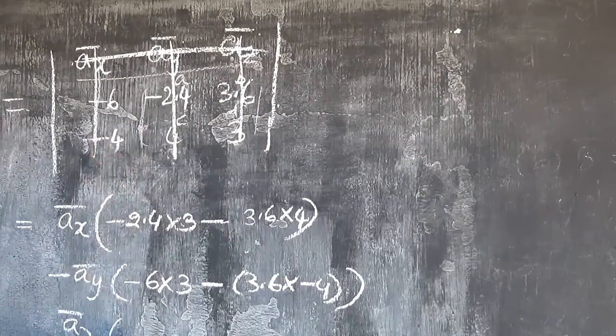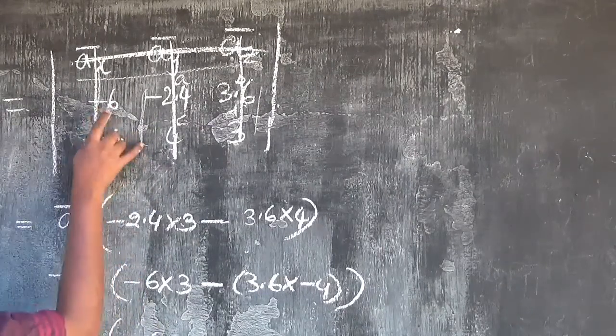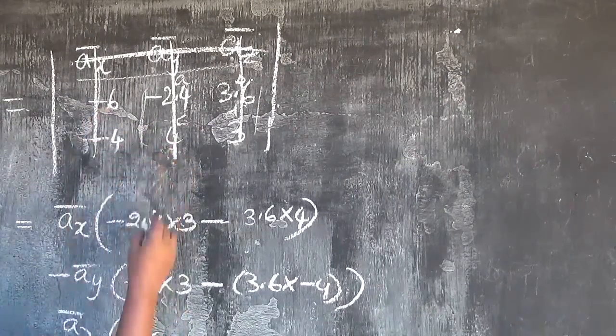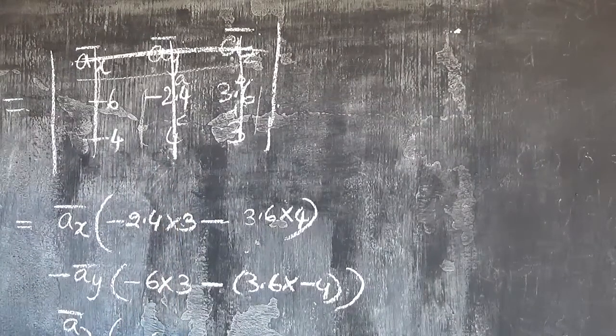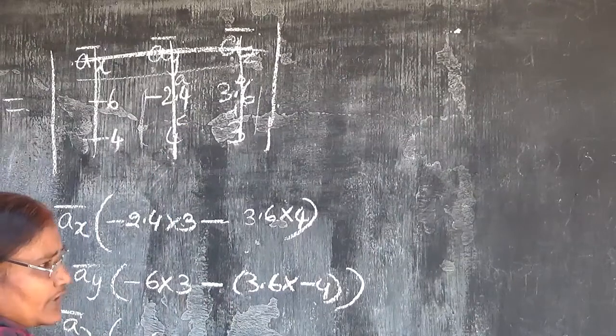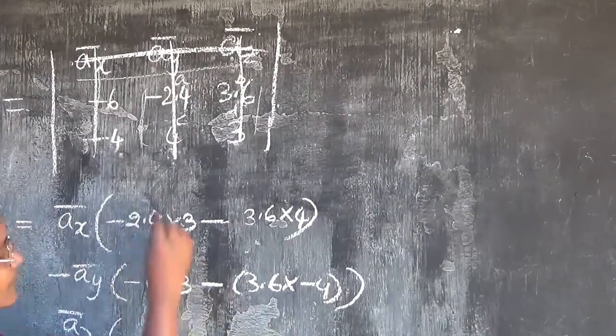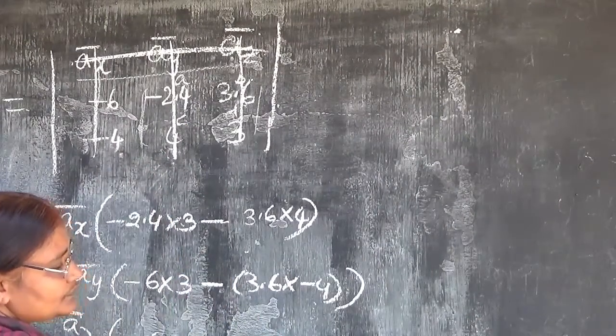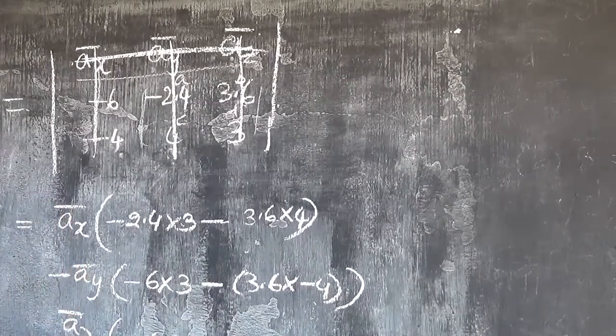So this is AD, minus 6 into 4, minus BC, that is minus 2.4 into minus 4. So this is the process of expansion of a 3 by 3 determinant. Now, what is the expansion going to be?